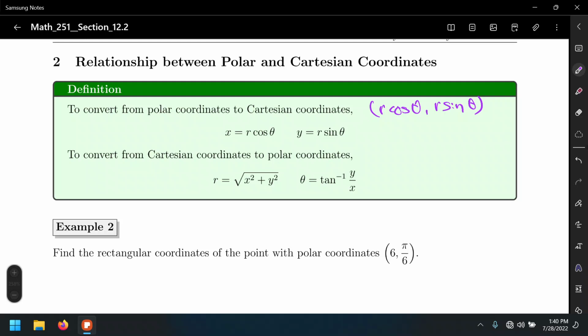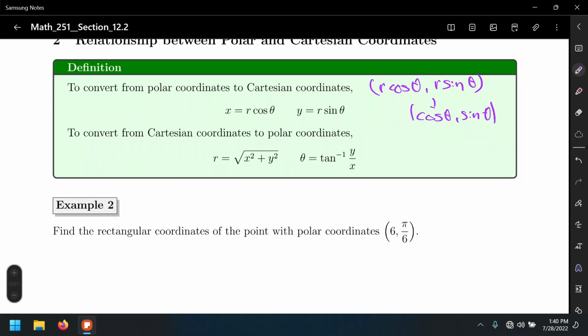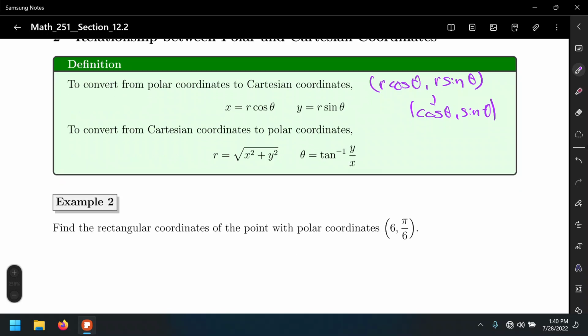But then they just told you, okay, we're just going to use the unit circle, which is simply cosine, sine. In this case, we're going to look at points that are not just a distance of 1 unit away from the pole, but other distances. So here are the formulas, and then the formulas to convert from Cartesian to polar.